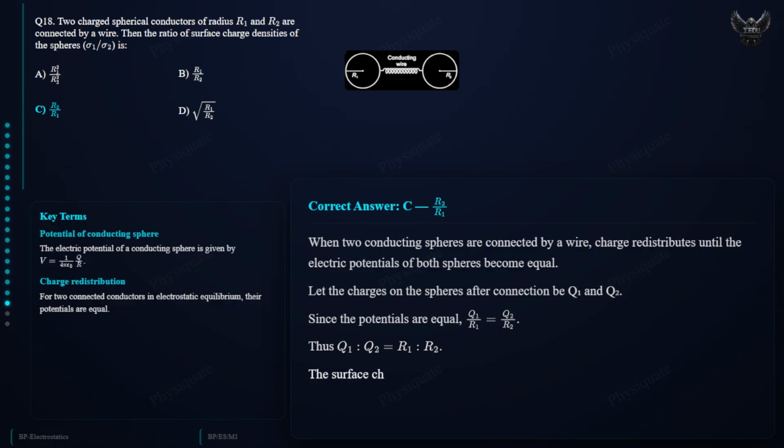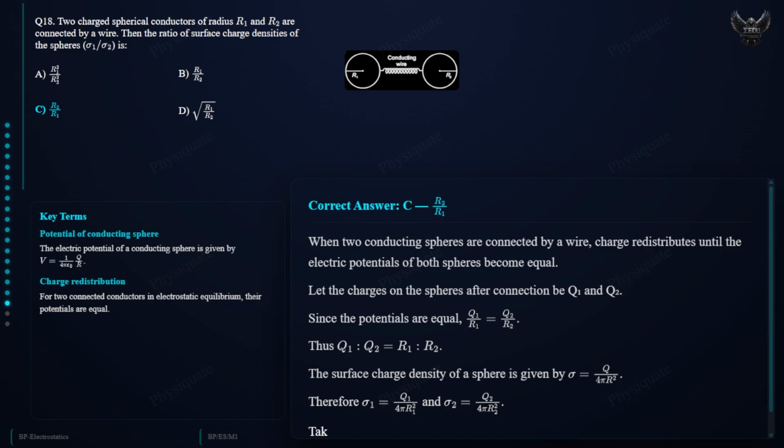The surface charge density of a sphere is given by sigma equals Q divided by 4 pi R squared. Therefore sigma 1 equals Q1 divided by 4 pi R1 squared and sigma 2 equals Q2 divided by 4 pi R2 squared. Taking the ratio, sigma 1 divided by sigma 2 equals Q1 divided by Q2 times R2 squared divided by R1 squared.